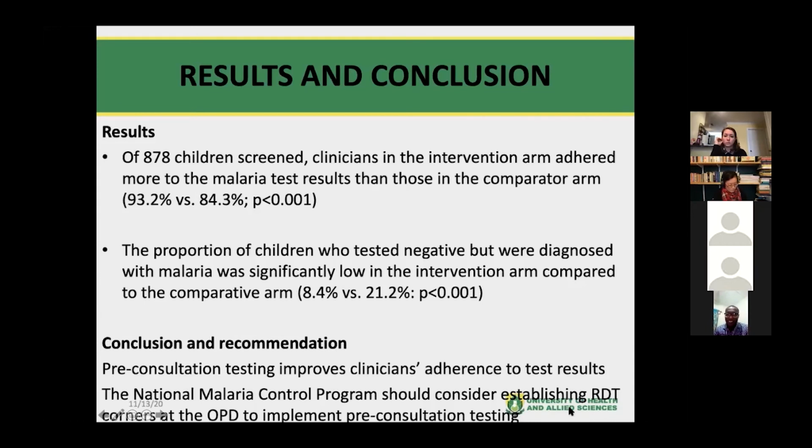We realized that the clinicians in the intervention arm adhered more to the malaria test results as compared to those in the comparator arm. Also, the proportion of children who tested negative but were still diagnosed by the clinicians with malaria was significantly lower in the intervention arm compared with the comparator arm.